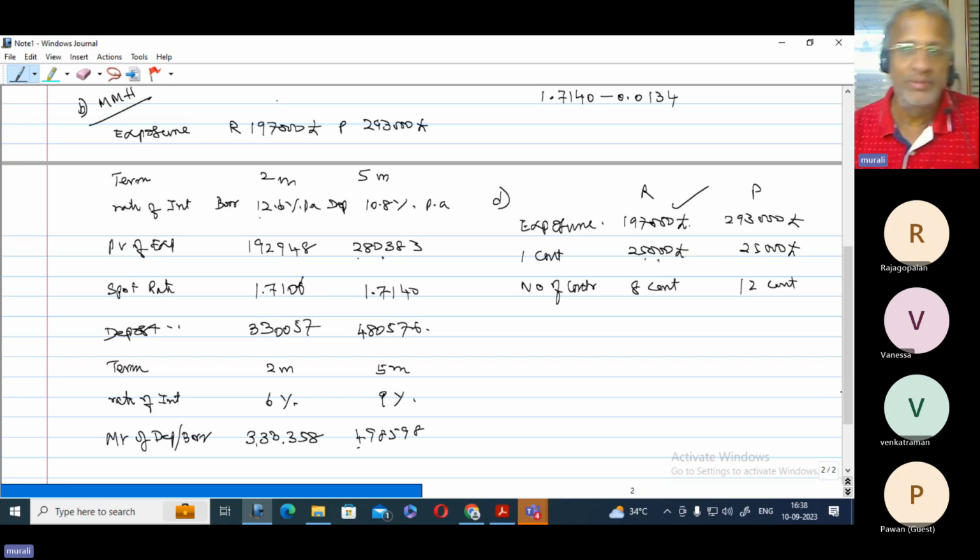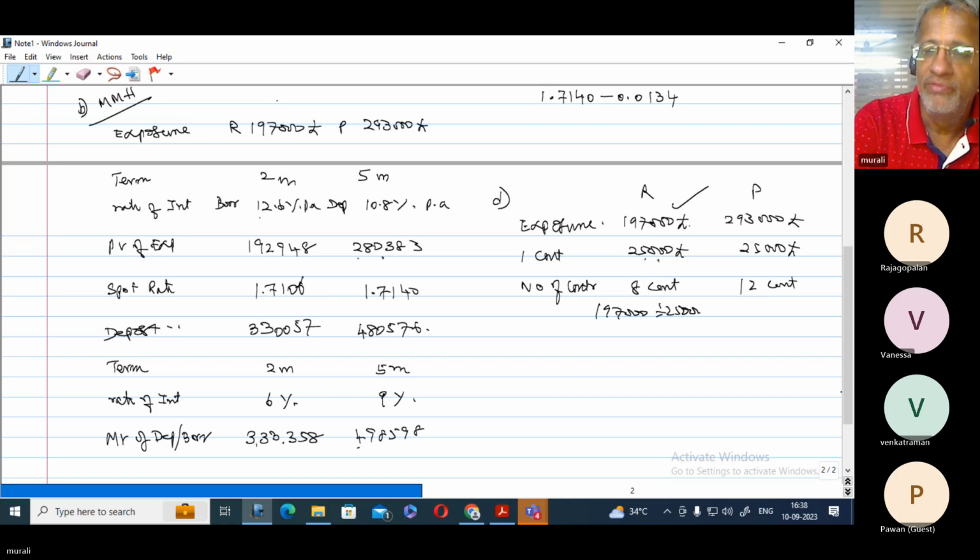In all other problems that we have seen so far from the institute material, the exposure will be in a different currency, whereas the futures contract will be denominated in another currency. So this sort of division, 197,000 divided by 25,000, we will not be in a position to do immediately.